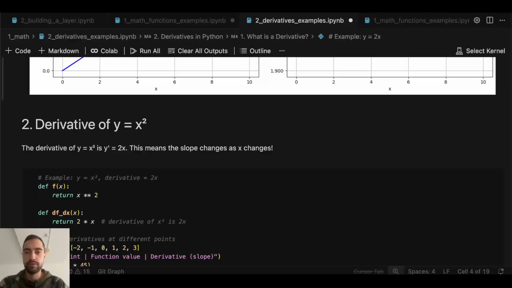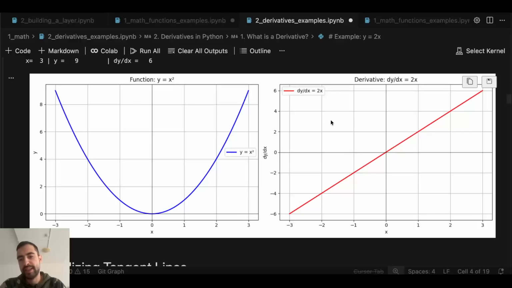It's up to you. What this derivative means is that at any of these points, wherever you pick x, for example x equals 2, on the original function, if at x equals 2 you increase x by just a little bit, then the y will increase by 4.